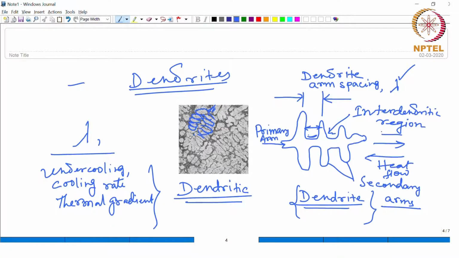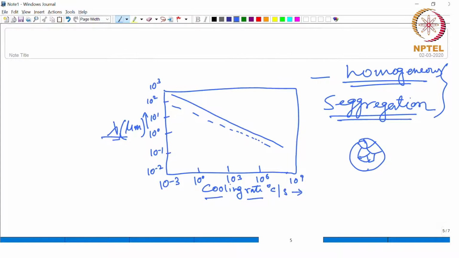So, if you eliminate the conditions which favor this kind of growth, then you can also eliminate the growth of this kind of dendrites, and you can expect these grains to be globular, like how I said, because in that case the growth will be random or uniform in all possible directions rather than a particular direction.